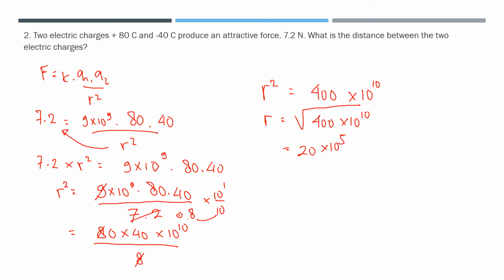The root of a is a to the power of a half. So the root of 10 to the power of 10 will be 10 to the power of 10 over 2, which becomes 10 to the power of 5. Then if I change this into standard form, it will be 2 times 10 to the power of 6 meters. This will be the last answer.